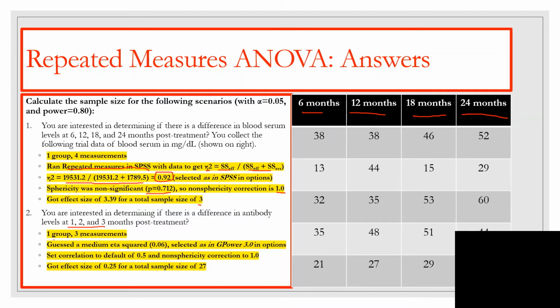I'll guess a medium eta squared, but since I'm guessing and not calculating from, say, SPSS, I want to make sure in my options that G-Power 3.0 is set up. I'll default my correlation to 0.5 and assume it's 1.0 to get an effect size of 0.25 and a total sample size of 27.